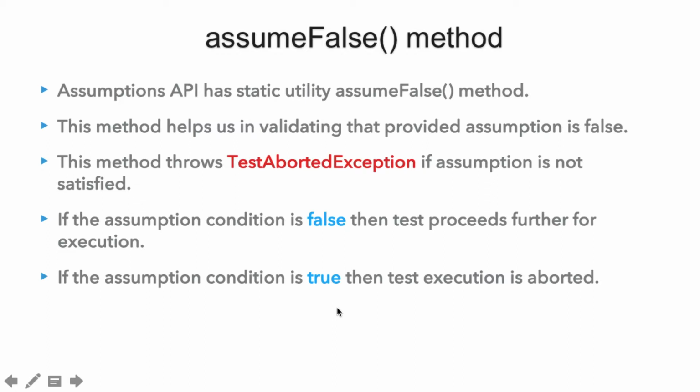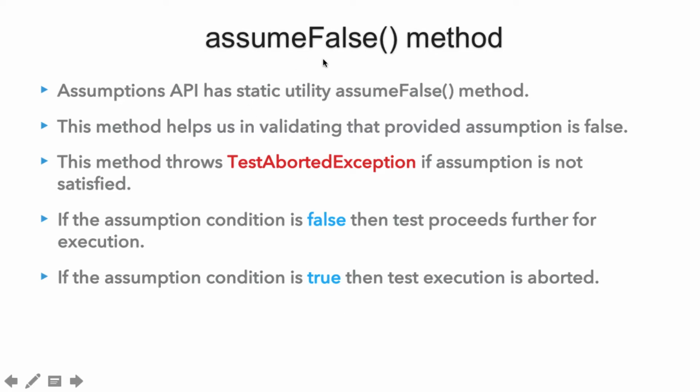So friends, in our last lecture we also discussed that assumptions are nothing but some preconditions that we provide to our test case, and if those preconditions are not satisfied, we want to skip or abort the test case.